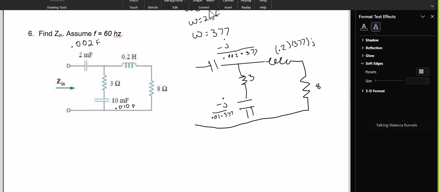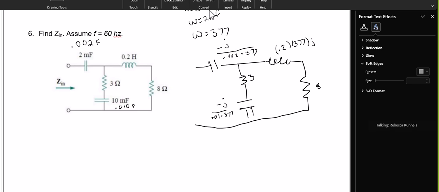Yes, just the total impedance. Oh, I don't have the answer for this one. Good. That way I don't have to worry about if I make a mistake because I'll never know. So this would be 0.002 times 377.